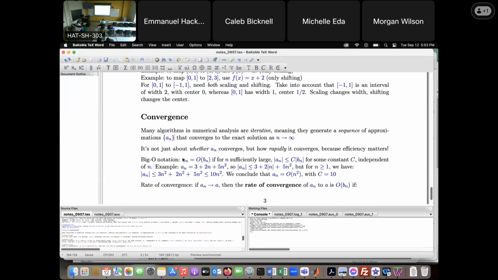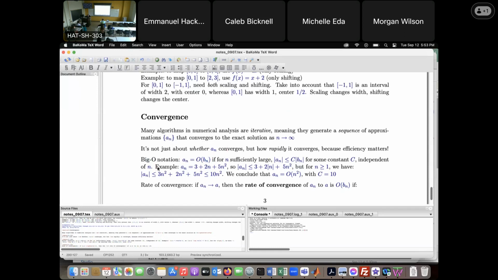We say that sequence an is equal to big O of some other sequence bn if this relationship holds, that the absolute value of an is less than or equal to some constant times bn. And generally, the sequence bn ought to have a much simpler definition than that of an, because it's how we describe how rapidly it converges.